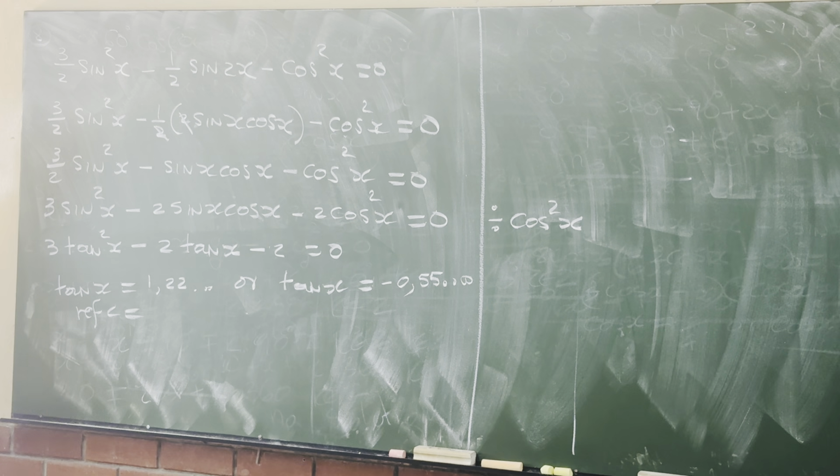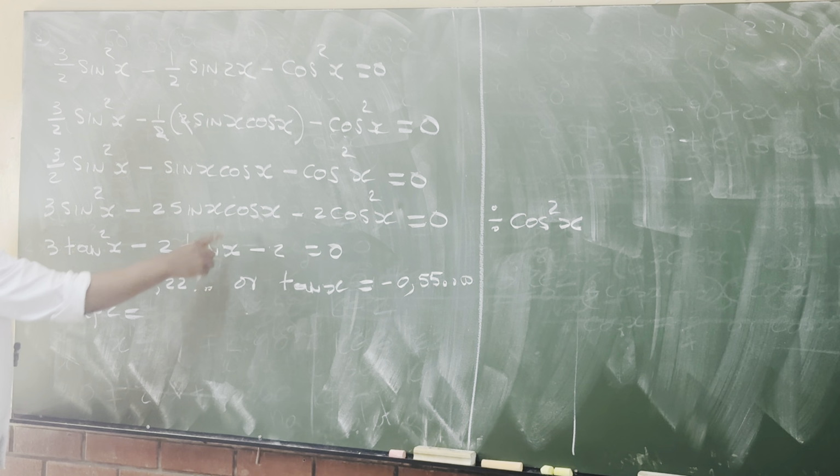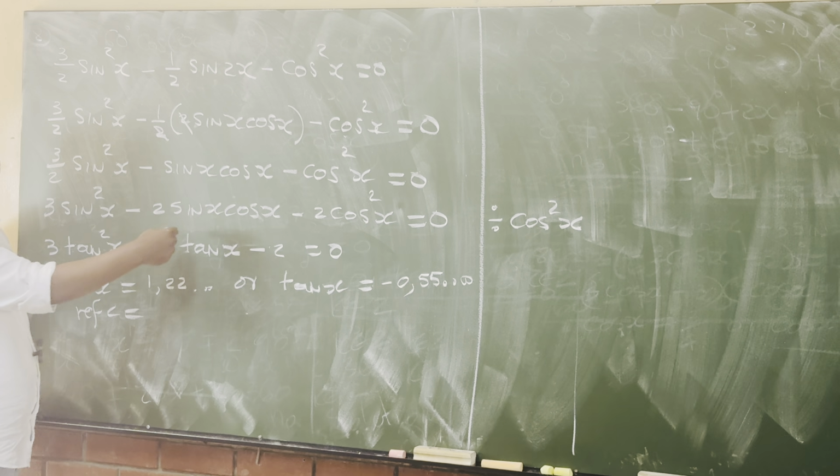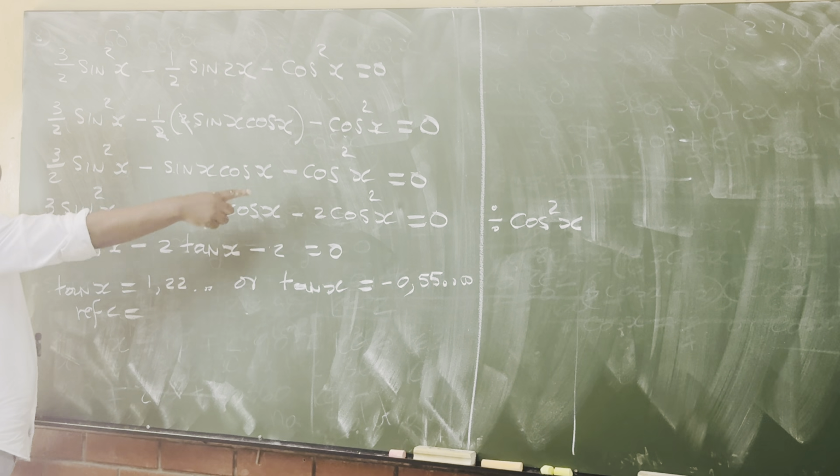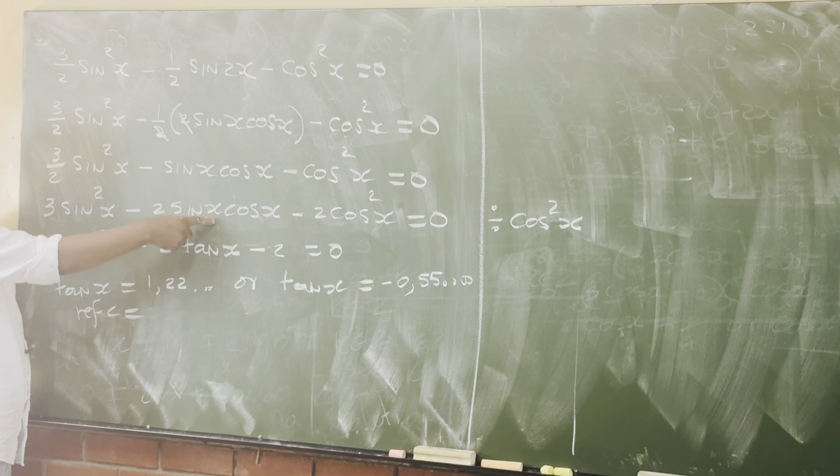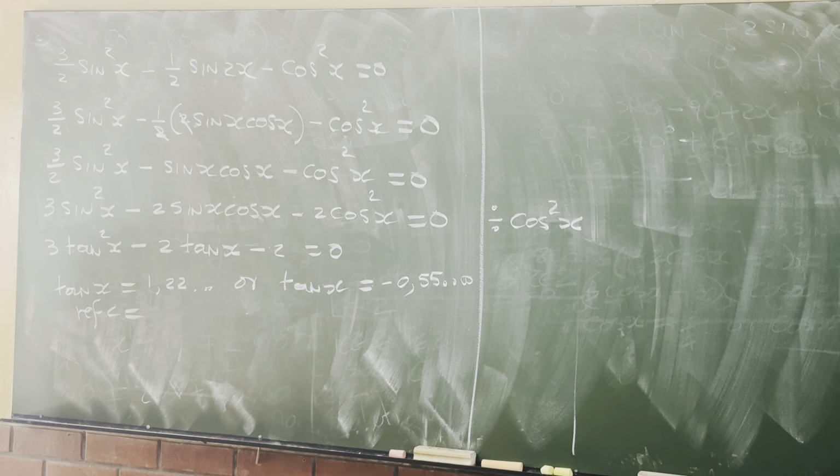You agree? In the second term, remember we are dividing by cos squared x. So this cos will eliminate. Then you'll have 1 cos remaining in the denominator. Then you'll have tan. And then this will cancel out. Then you are here.